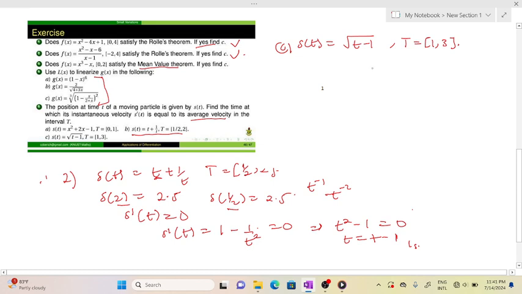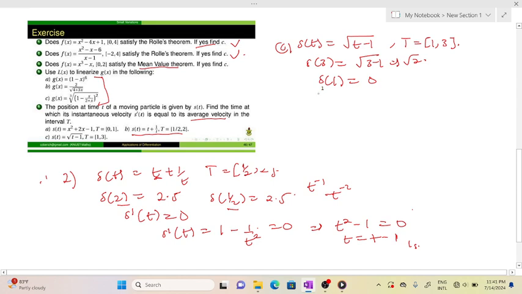So here, as usual, we find s of 3, and that is going to give me square root of 3 minus 1, that is square root of 2. I'll find s of 1, and that is going to give me 0 because 1 minus 1 is 0. Square root of 0 is 0. Then, since they are not the same, yes, we move ahead to the mean value theorem.